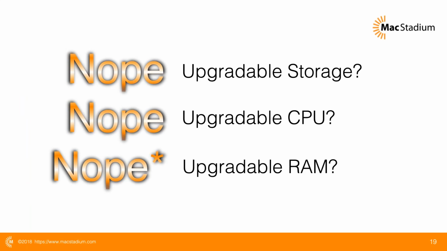In addition to the T2 chip blocking some of this, Apple made some decisions with the 2018 Mini: the storage is soldered onto the motherboard, meaning it's not upgradable. The CPU is soldered onto the motherboard, meaning it's not upgradable. And while the RAM is technically upgradable, as in a human could do it, it's one of the most complicated in-field RAM upgrades that we've seen.